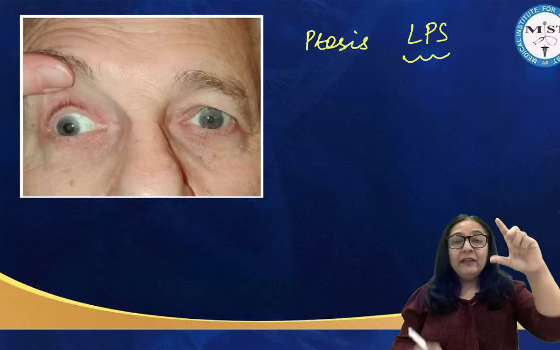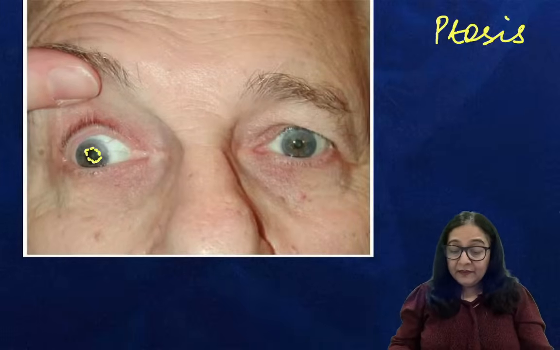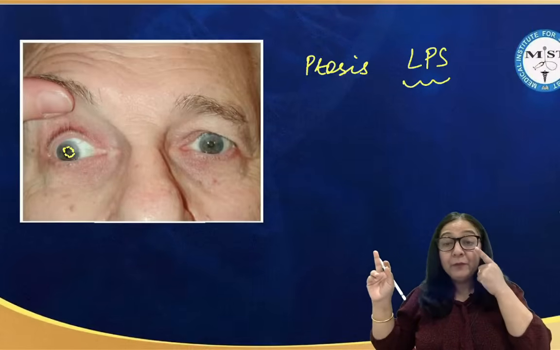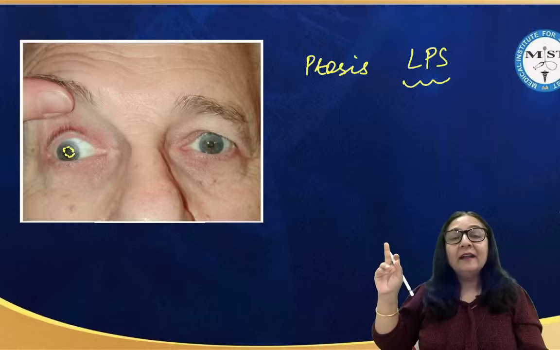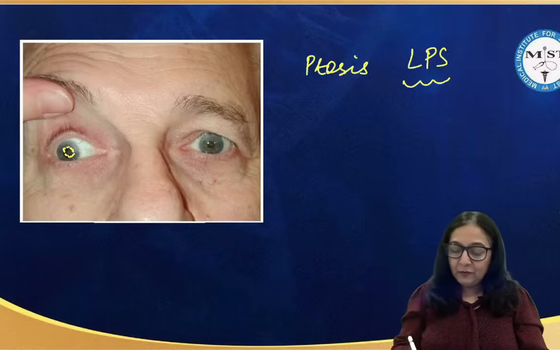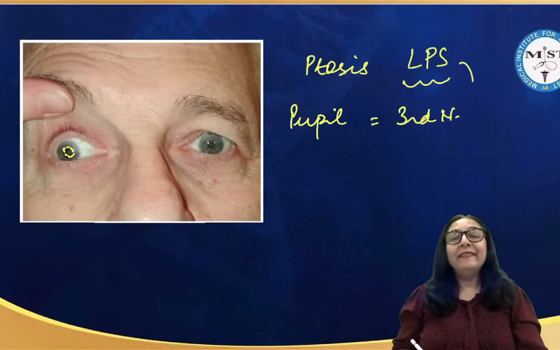And when you are lifting the eye, you see that the pupil is dilated. Now, the efferent fibers for the pupil reaction are carried by the third nerve. So, pupil involvement here indicates third nerve involvement. LPS is also supplied by the third nerve.